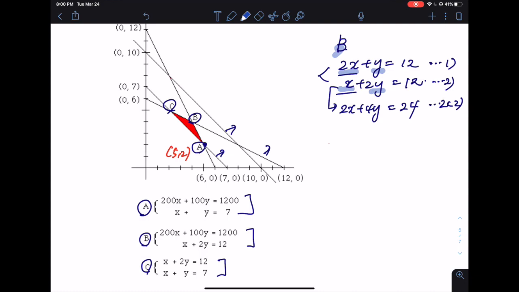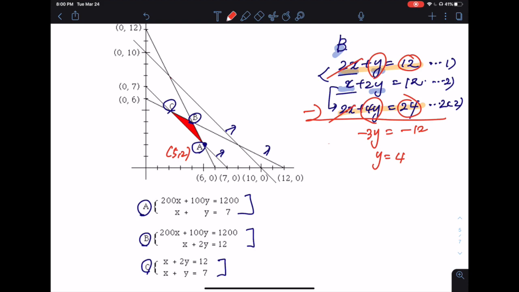Now using equation 1 and the new equation 2, let's subtract these two equations to cancel out x. On the left side, we have minus 3y, and on the right side, we have minus 12. So y equals 4. And given y, we can get x.